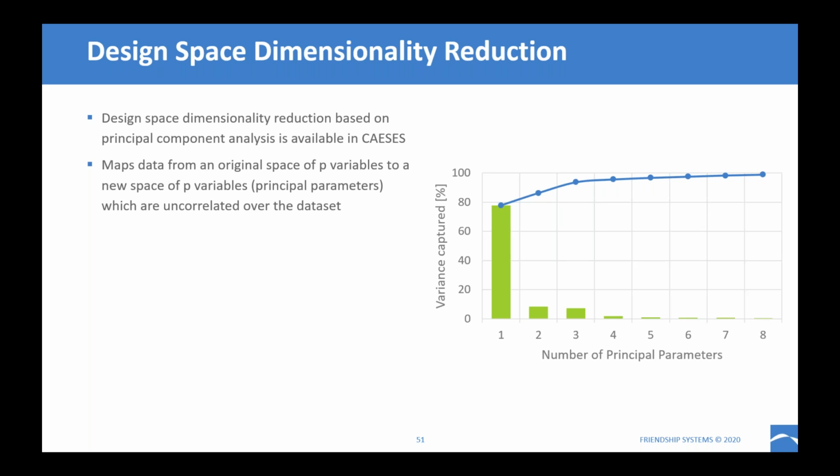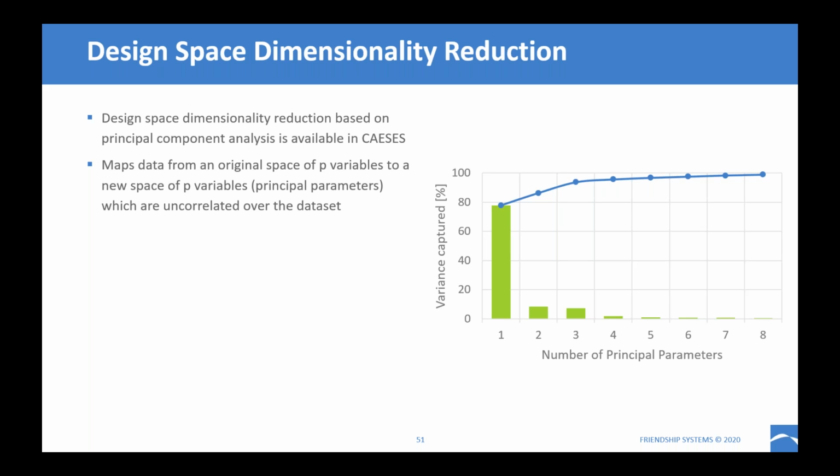So it removes, first of all, the correlations between the variables that might have been there before. This usually happens, that you have design variables that maybe influence certain areas of the geometry in a similar way. So they are somehow correlated.